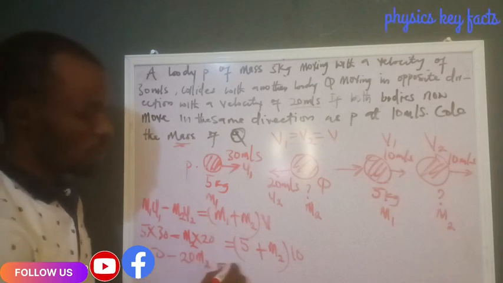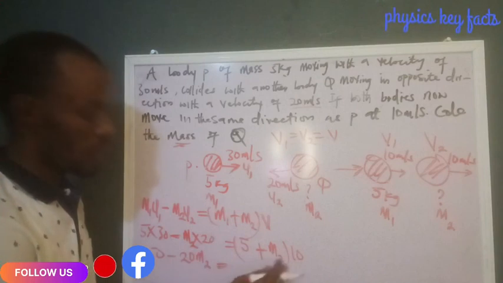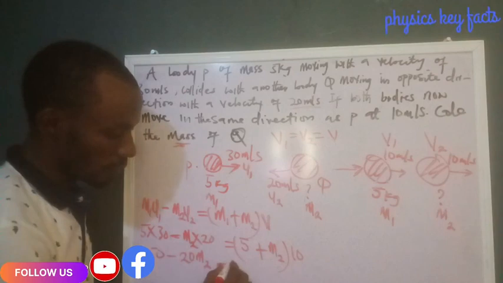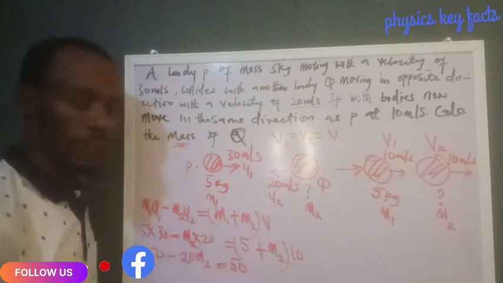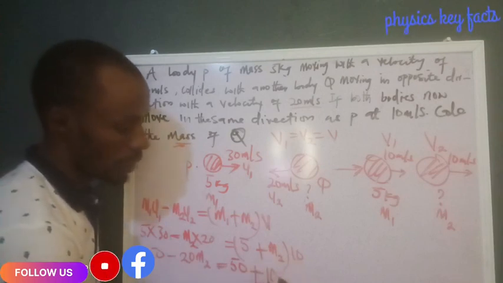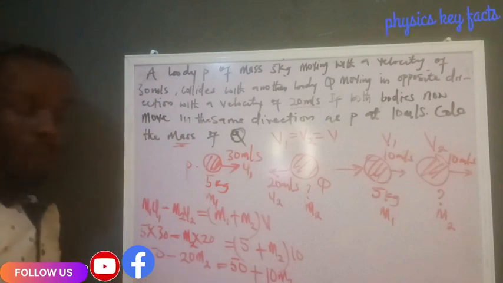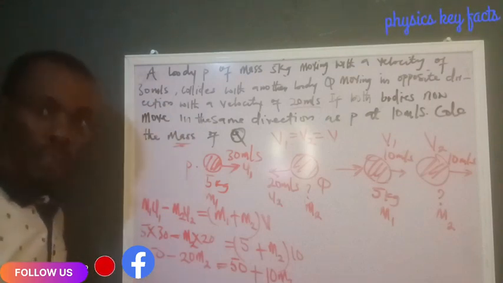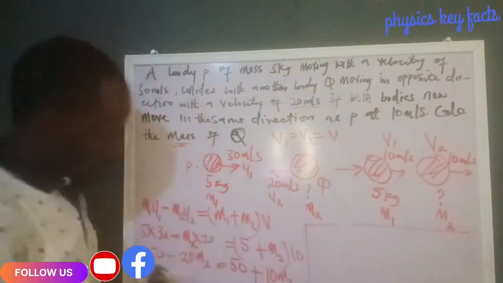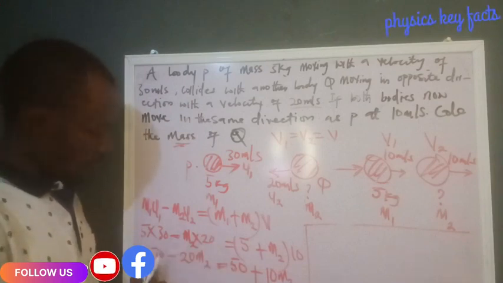It is equal to, I'll open this bracket with 10. 10 multiplied by 5, 10 times 5 is going to give me 50, plus 10 times M2 is going to give me 10 M2. So I'm going to collect like terms. I'll move 50 here to meet 150.